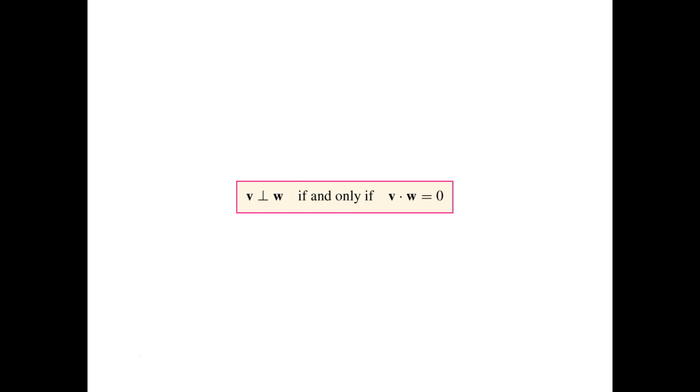Meaning if you know the two vectors are perpendicular, you know automatically the dot product is 0. But more useful is if you find out the dot product is 0, then you know they've got to be perpendicular to each other. Another name for that is orthogonal. Okay? Perpendicular or orthogonal. Either one of those are perfectly good terms to use.